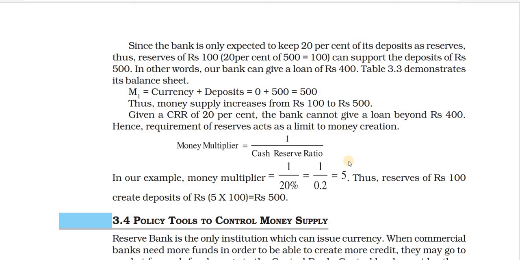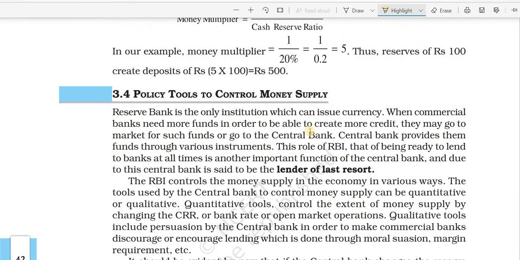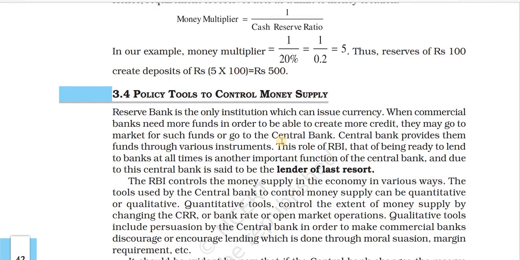Then what are the policy tools to control money supply? We know the Reserve Bank is the only institution which can issue currency. It is the apex authority. This RBI is ready to lend money to banks, and for that reason we call it the lender of last resort.